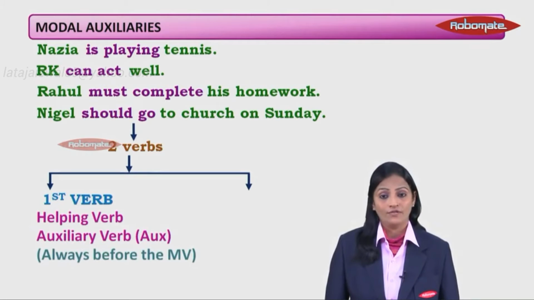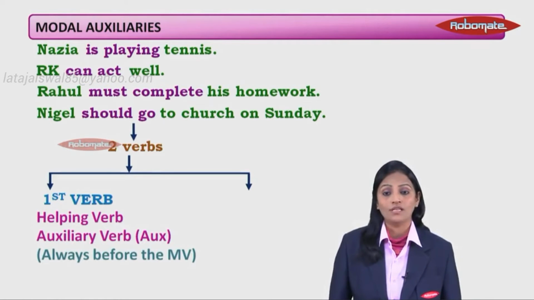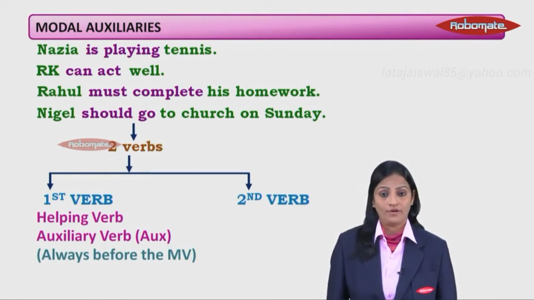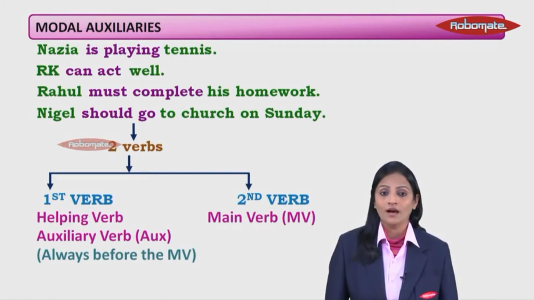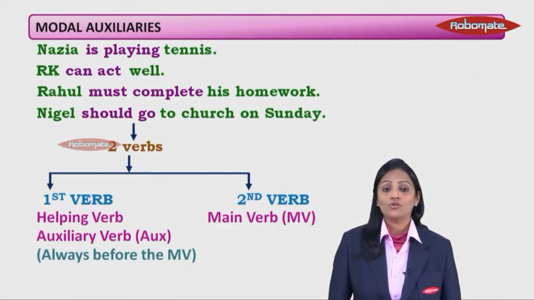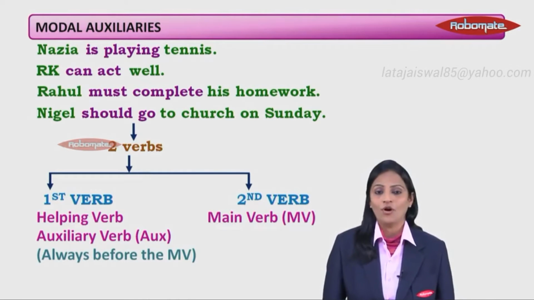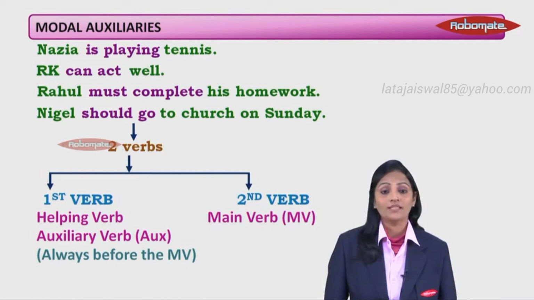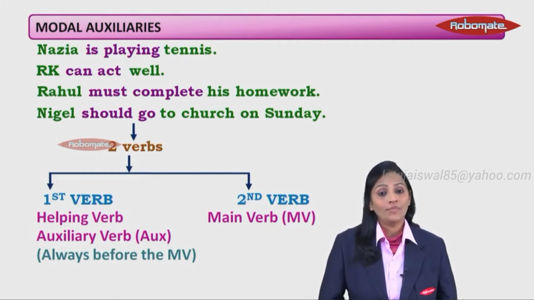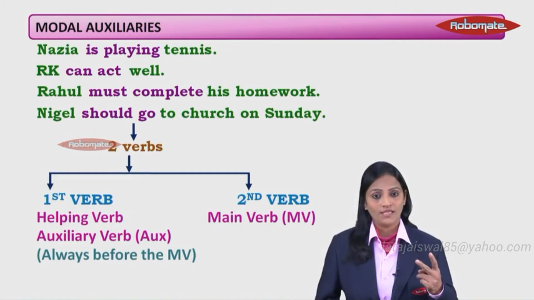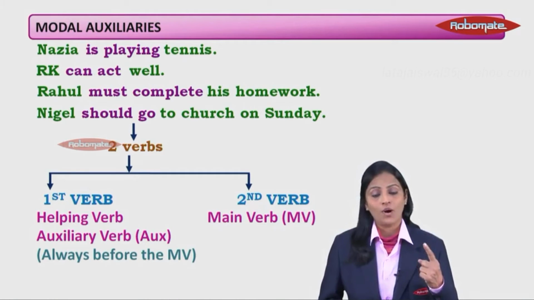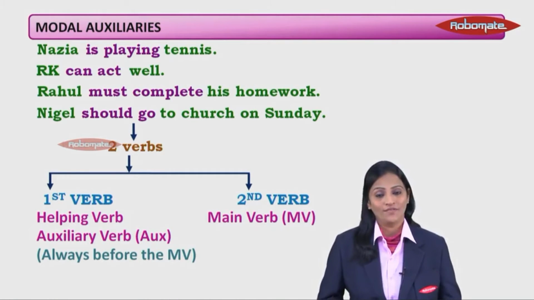And the second verb is the main verb. So the auxiliary is always before the main verb. So students, we know the placement of an auxiliary is always before the main verb. That means when you see two verbs in a sentence, then the first one is an auxiliary verb.